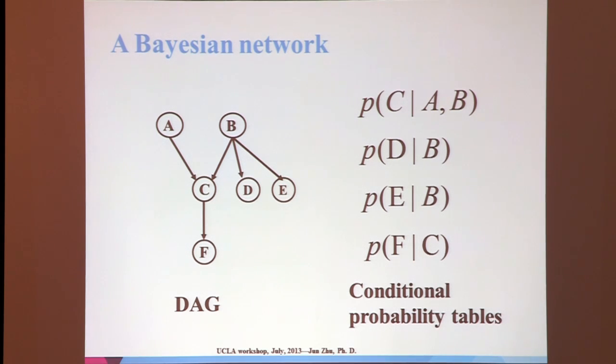Or in matrix form, it means you can put all the nodes in a triangle form, either lower triangle or upper triangle. That means the edge relationship always goes in one direction, from the top down. Then you have this probability table. That means each node is regulated by its parents. Then you have the conditional probability table of C conditioned on its parents. Then for each one, you have its probability table like that.